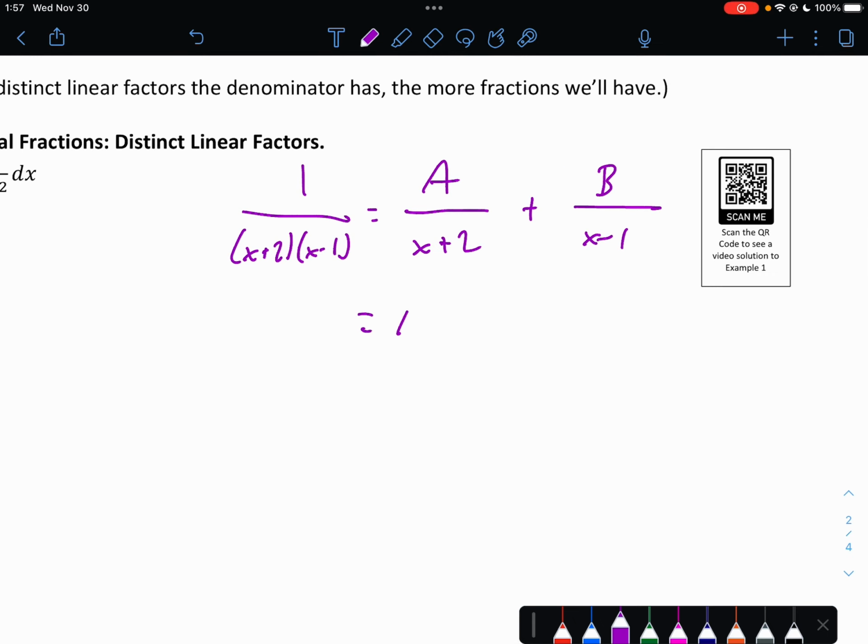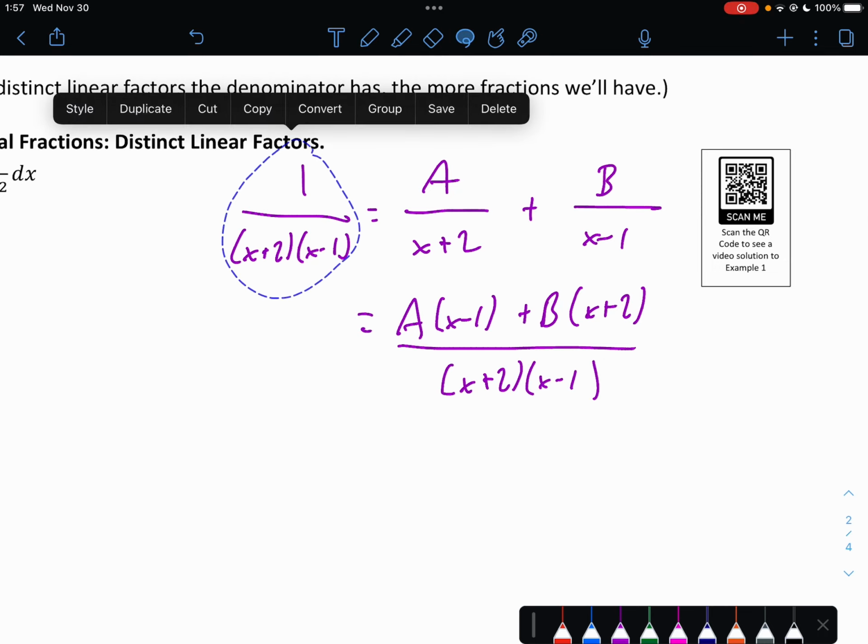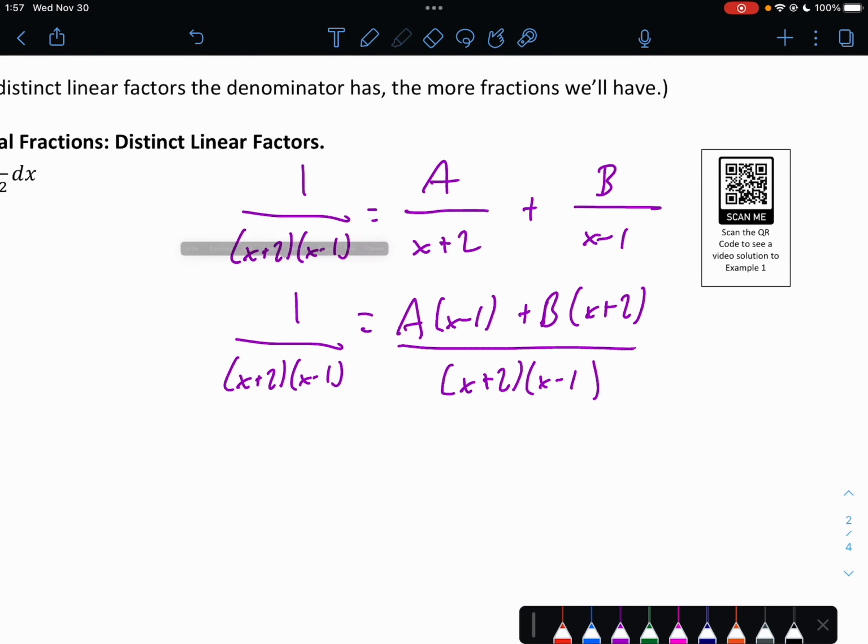It's going to be a times x minus 1 plus b times x plus 2 all over our common denominator. Still equals this. But now if we multiply through by the denominator, it's gone. So we're left with 1 equals ax minus a plus bx plus 2b.